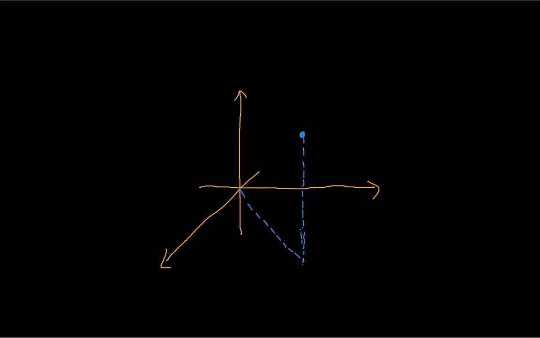So to describe a point in 3D space using cylindrical coordinates, we use three parameters: r, theta, and z.